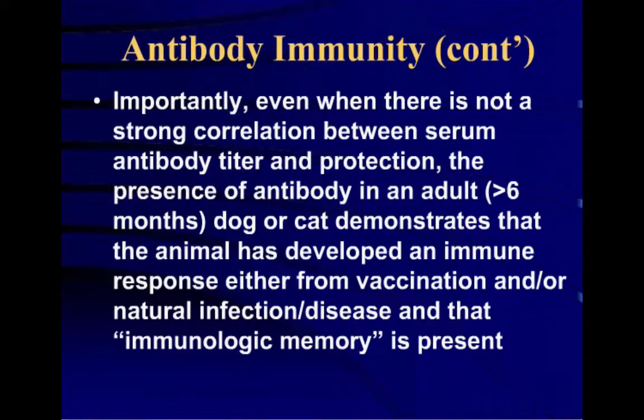So with regard to antibody immunity, even when there's not a strong correlation between serum antibody titer and protection, the presence of that antibody in an adult animal greater than 6 months of age to a particular pathogen, like distemper, parvo and adeno, panleukopenia in the cat, demonstrates that the animal has developed an immune response to that vaccine or from natural infection with or without disease, and immunologic memory is present.